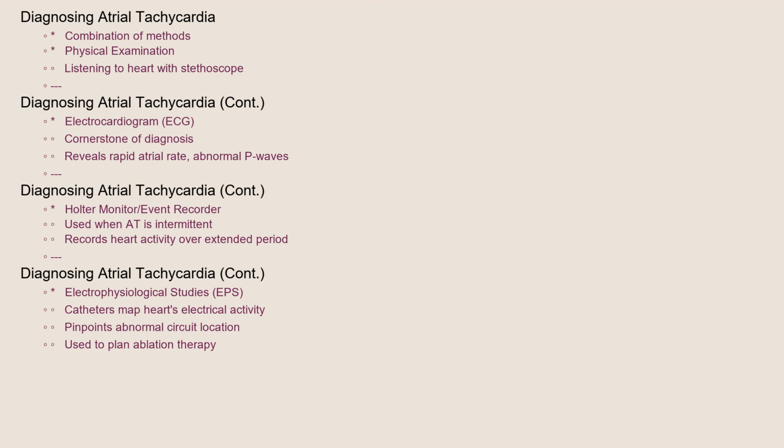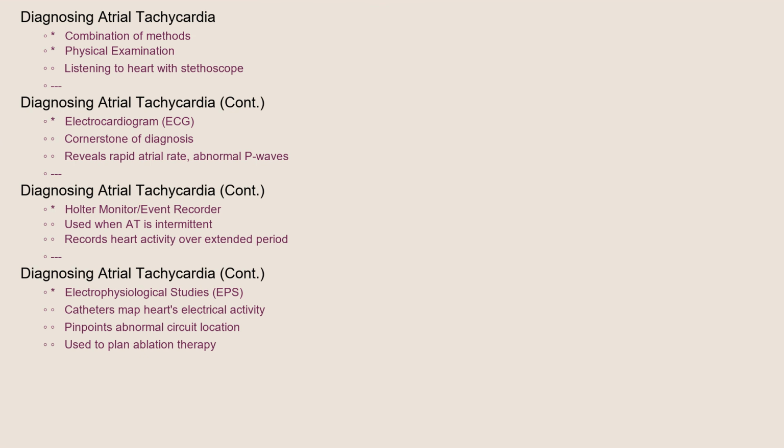Diagnosing atrial tachycardia typically involves a combination of methods. A physical examination, including listening to the heart with a stethoscope, is a crucial first step. However, the cornerstone of diagnosis is the electrocardiogram, or ECG. An ECG records the electrical activity of the heart and can reveal the characteristic rapid atrial rate and the abnormal P-wave morphology seen in AT. In some cases, the AT may not be present during a standard ECG.